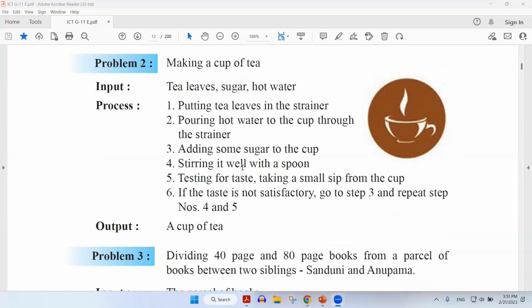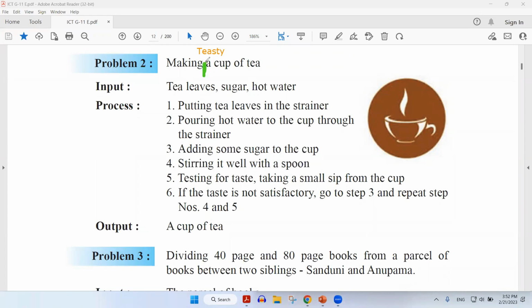The challenge we have to achieve is making a cup of tea, and it will be much better if you say making a tasty cup of tea, right?